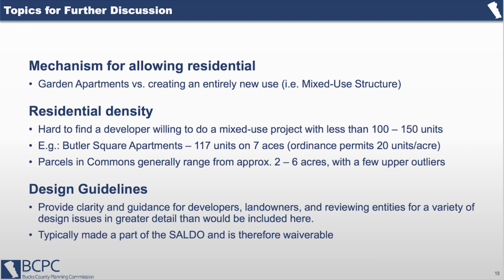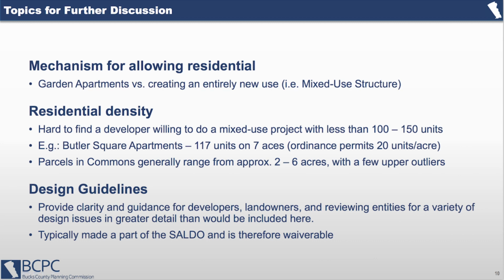Where is that? New Britain Borough. Is it Chalfont? I think so. Okay, sorry. So their ordinance permits up to 20 units an acre, so this ends up just under that. And just for reference, the parcels in the comments generally range from about 2 to 6 acres, with a few upper outliers.